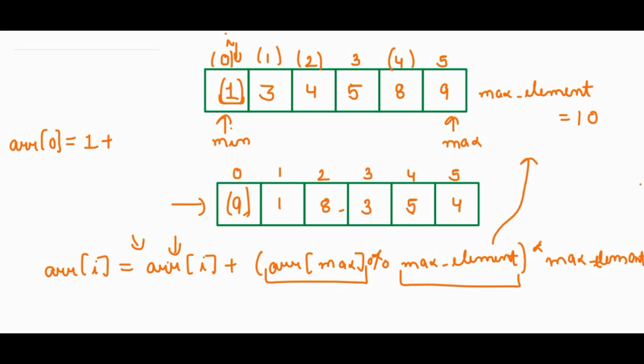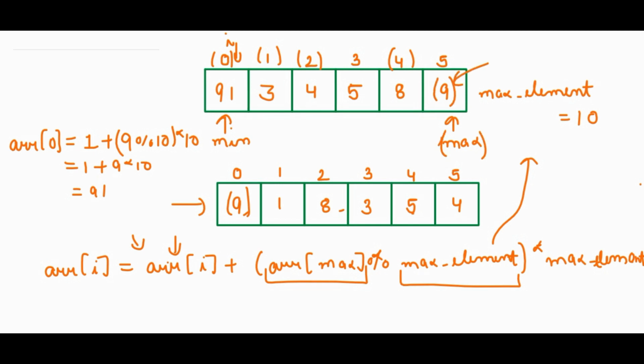Max is pointing to 9, and we also need 9 there. So 9. We will have modulus with max element, which is 10. Okay, and we will multiply it with max element, which is 10. So this is 1 plus 9 into 10, which is equal to 91. So on the first position we will have 91. Okay, so the work of 9 is done.